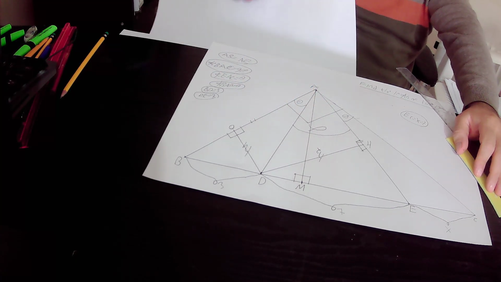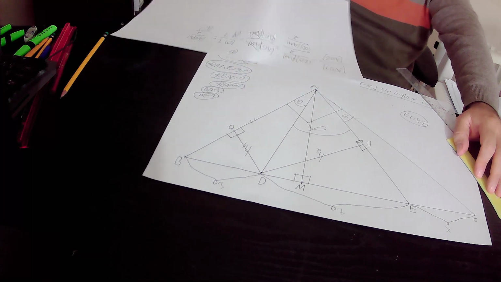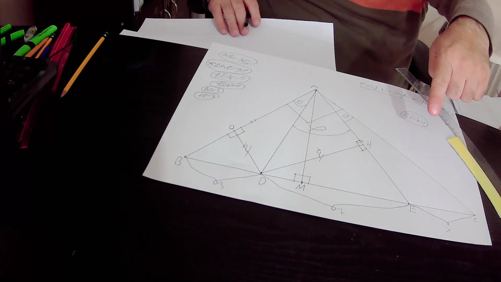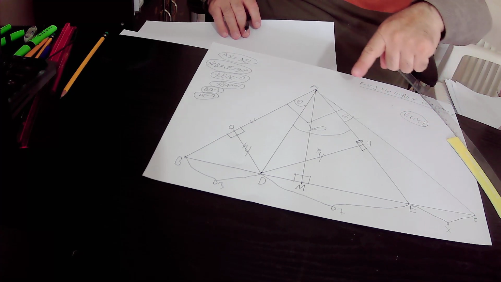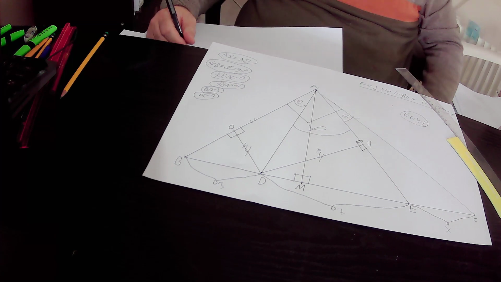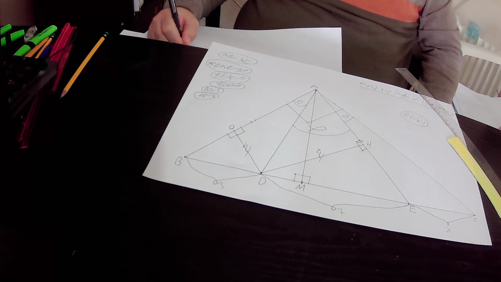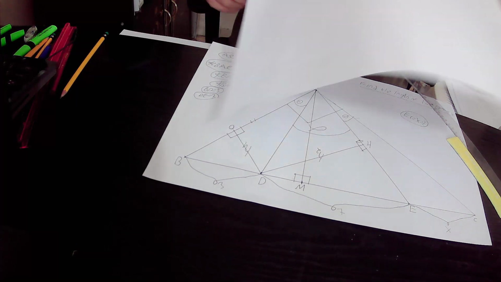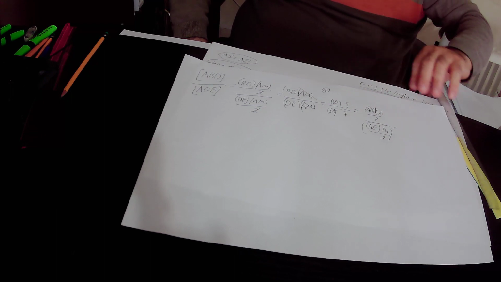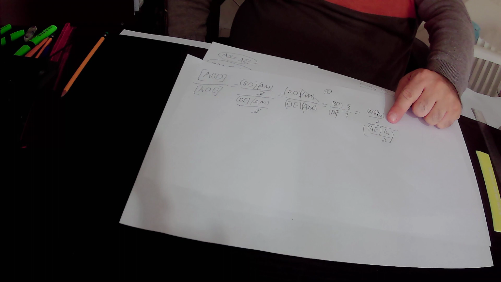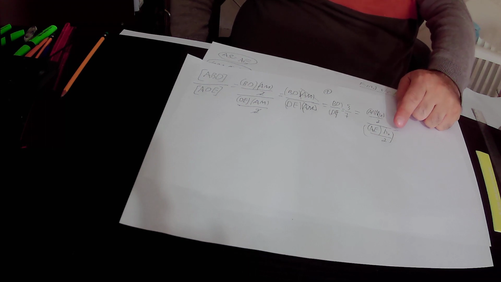So the second way to calculate the area of triangle ADE is to take the base AE times the height to the base, that is edge 2, over 2. I will repeat again. The area of triangle ADE in the second way is the base AE times the height to the base, that is edge 2, over 2.